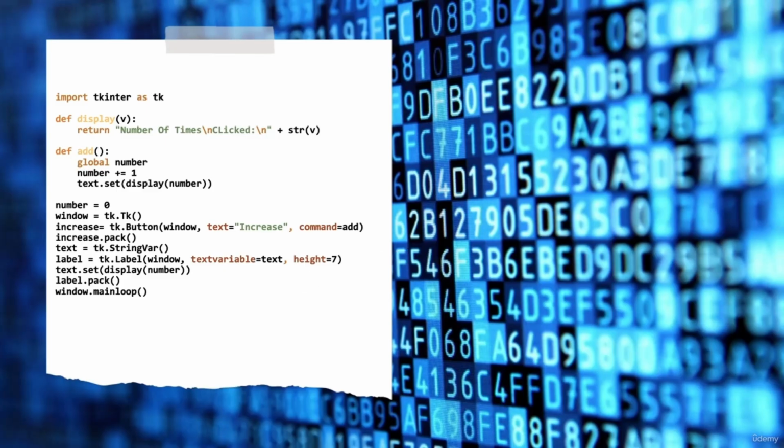What I will do next is use the set method on the observable variable and place a function as an argument, which creates the following string message along with the number argument, which will be transformed into a string data type. And finally, pack the label widget, as well as use the mainloop method to run the following code. Now, before I show you the result of our code, let me explain the two functions.